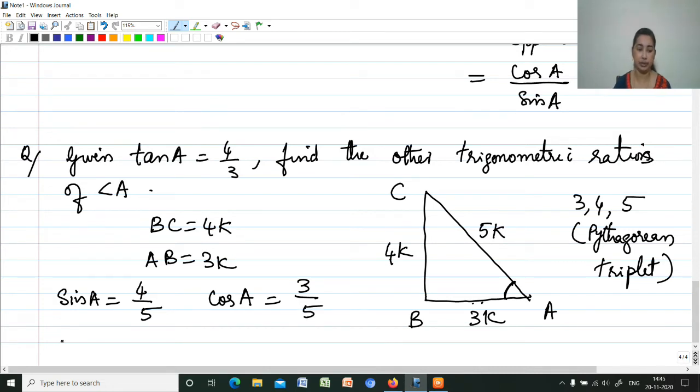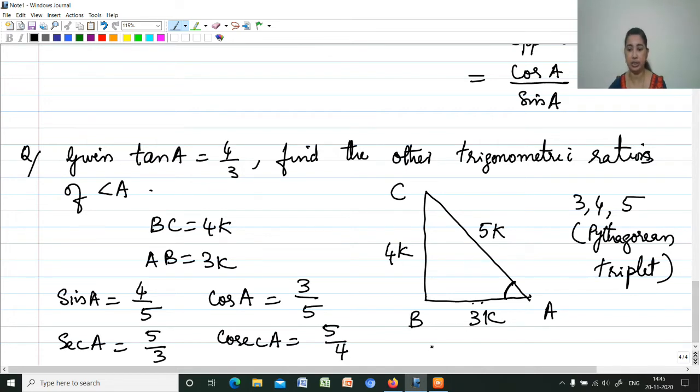Then next one is sec A. Sec A means reciprocal of cos, that is 5 by 3, and cosec A is the reciprocal of sine, which is 5 by 4. And last one, what is cot A? Cot A is the reciprocal of tan, and that is 3 by 4. So these are the remaining ratios.